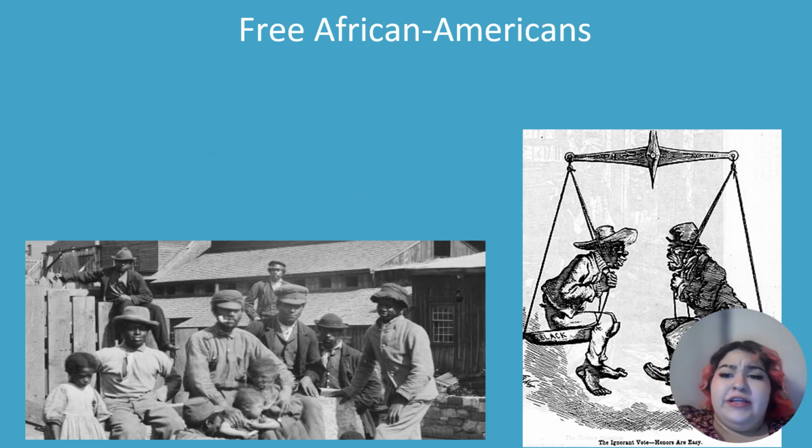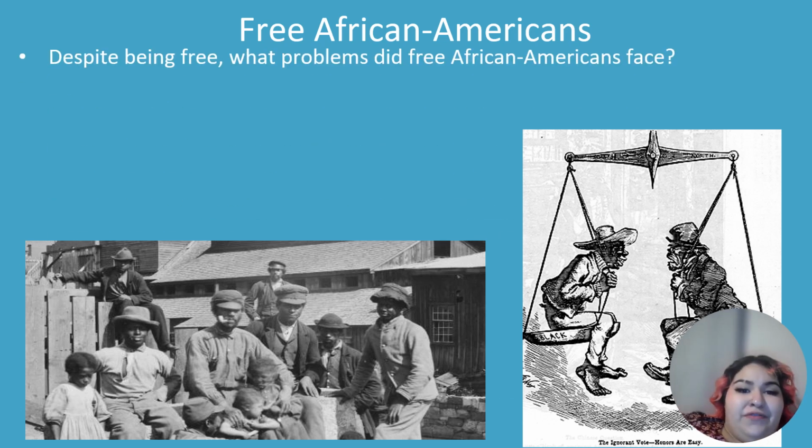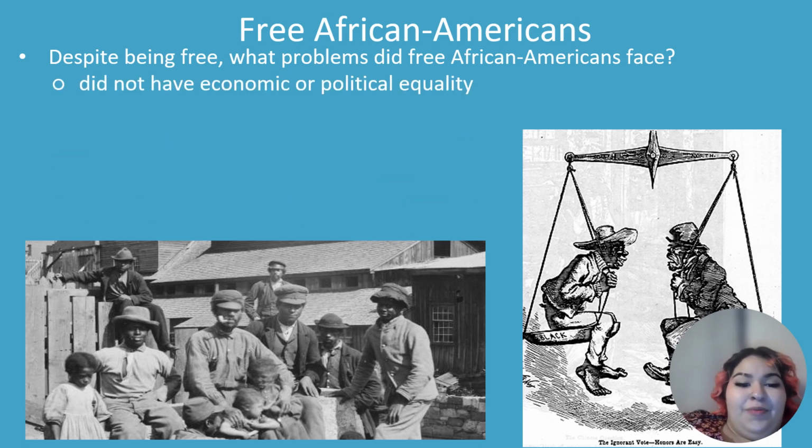So up until this point, we've really been focusing on the immigrants that have moved to the cities. Now these immigrants, they are going to affect a large group of people, and that includes the free African Americans that live in the cities. Because despite being free, the African American people at this time are still facing many problems. Despite being free and earning their freedom in the North, right? However, they're still not going to have the same opportunities, right?